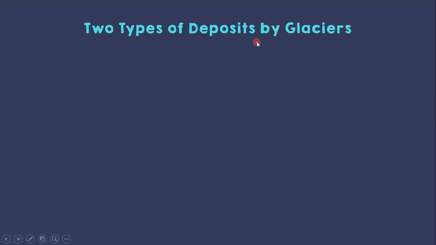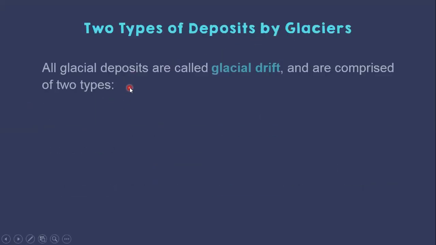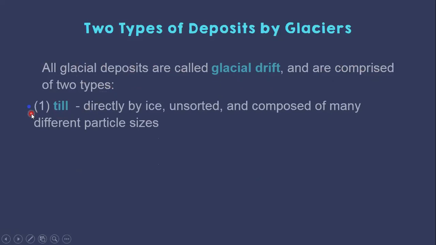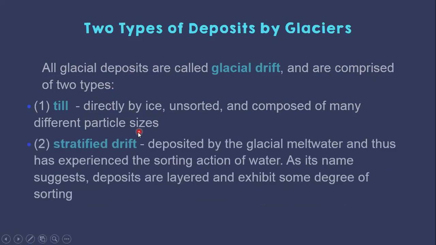Two types of deposits by glaciers. All glacial deposits are called glacial drift, and are comprised of two types. One type of glacial drift is till. This is deposited directly by ice, unsorted, and composed of many different particle sizes.